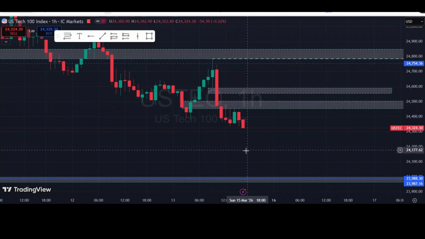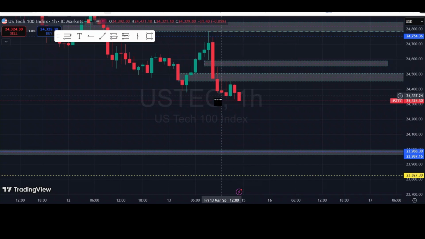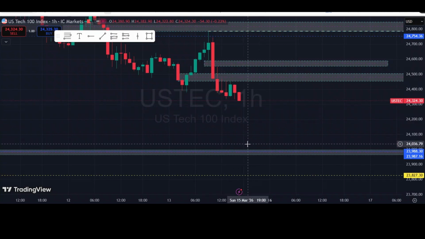If price continues to go down, it might get here before returning back to those places or creating another point of reaction. If price opens and starts to go up, then we keep our eyes on these levels on USTEC. Unless it opens and continues to go down, then our eyes stay on this level as the draw on liquidity.